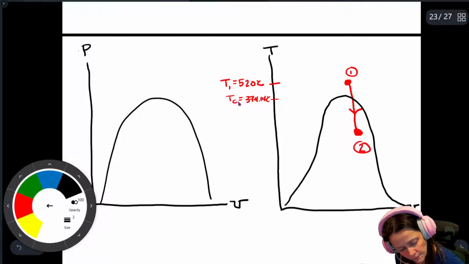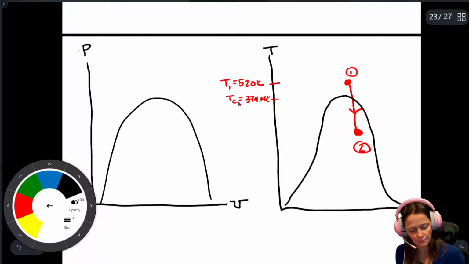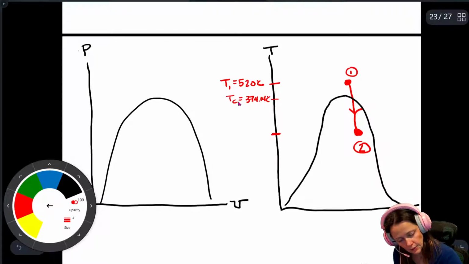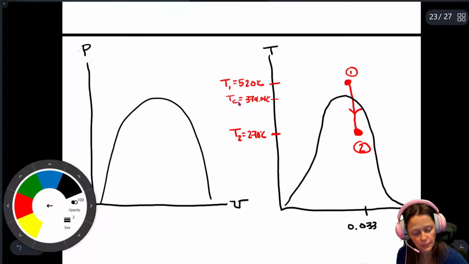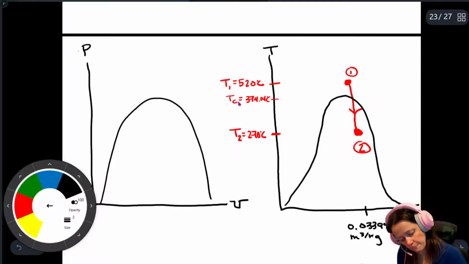There we go. Sometimes you got to make it work for you, right? It's in that 2-phase region. Here's my T2, 270. And then this guy was 0.03394 meters cubed per kilogram.